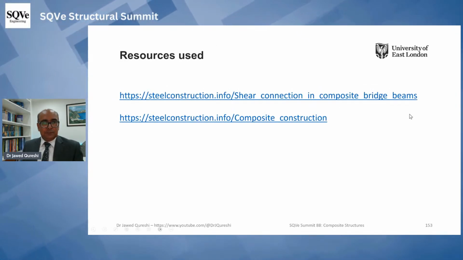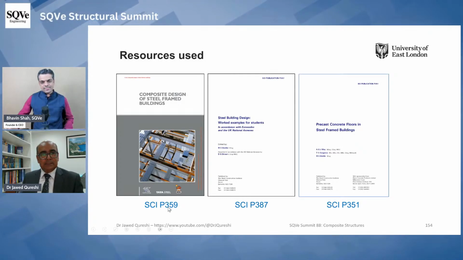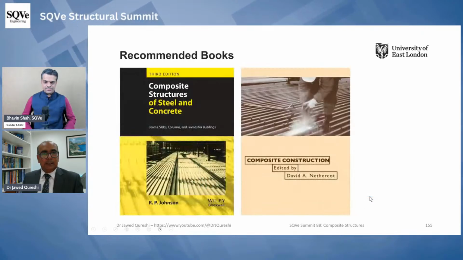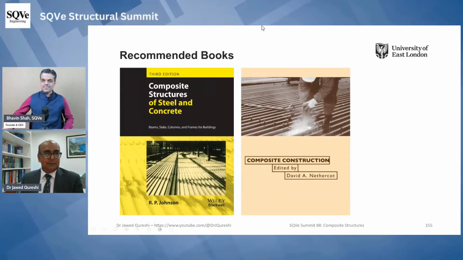And then I have used these resources. You can have a look at these resources. Steel Construction Institute guides, I've used these guides as well. And this is the book which I will recommend, by R.P. Johnson. R.P. Johnson was my colleague at University of Warwick. I worked there briefly between 2010 and 2013.